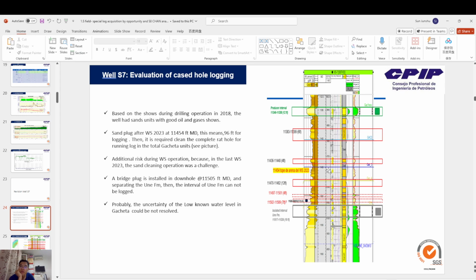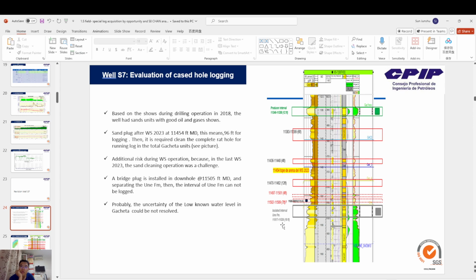Additional risk during work service operation. Because in the last work service in 2023, the sand cleaning operation was a challenge. A sand bridge plug is installed downhole at 11,505 feet MD, separating the Wuni formation.